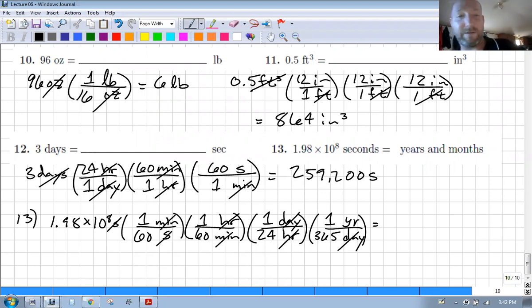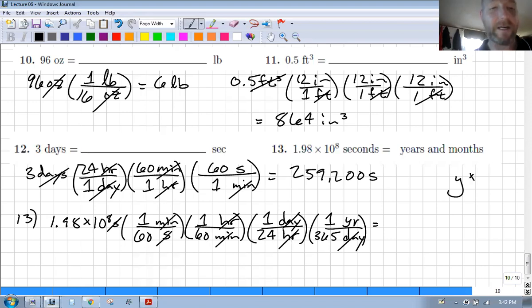So now for me to do this, I'm going to have to turn my iPhone sideways because I have to use the exponent button. 1.98 times 10 to the 8th. The exponent button looks like this, y to the x.